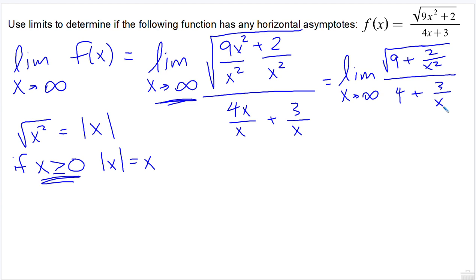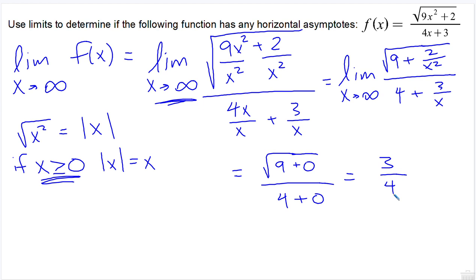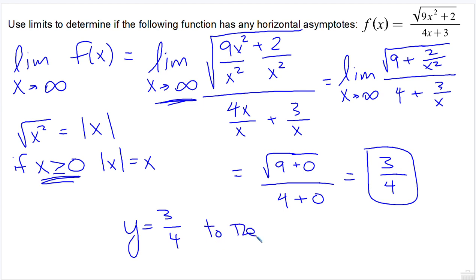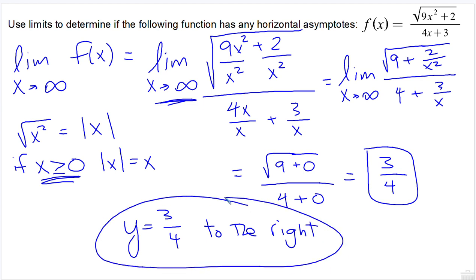And so this becomes the square root of 9 plus 0 over 4 plus 0, which is just 3/4. So we end up with a horizontal asymptote to the right of y equals 3/4. So we're sort of halfway there.